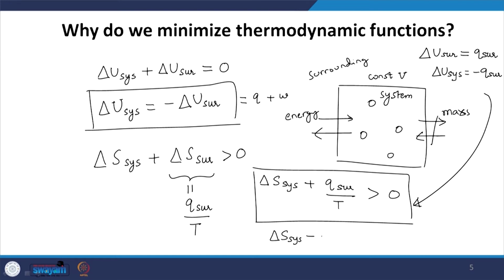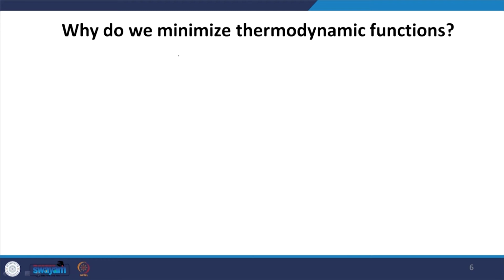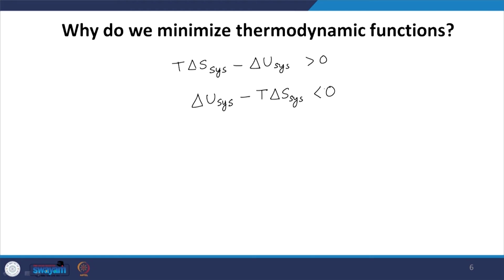If I now put this back in this particular expression, what I get is delta S of system minus delta U of system by T should be greater than 0. What this means is T delta S of system minus delta U of system is greater than 0, or simply taking a negative of this, delta U of system minus T delta S of system should be less than 0.